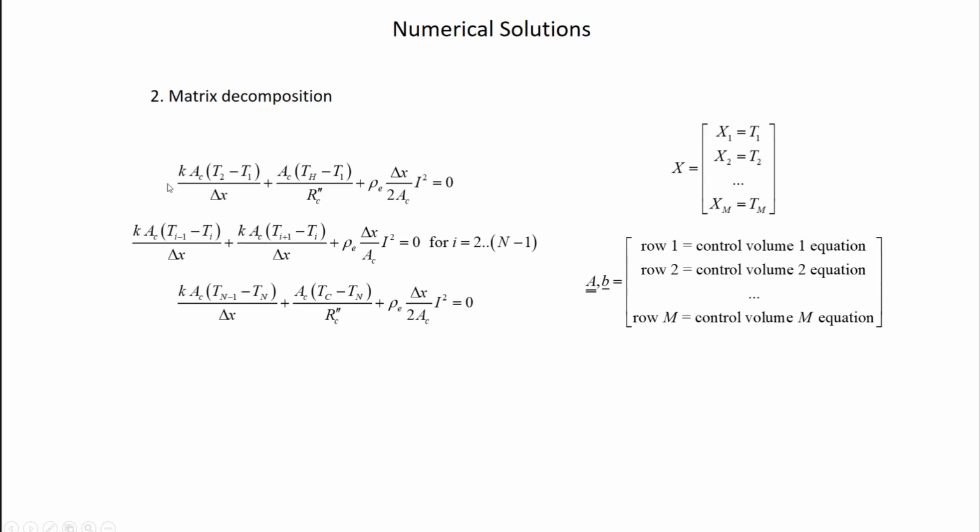Writing these equations out so that it's easy for me to identify what are the coefficients multiplying each of these unknowns, and then what is the constant that needs to go in B. And once you've done that, you build A, you build B, and you can decompose A and get your solution for X, right? Any software is going to have built-in pre-canned routines that make that very easy, right? People have been thinking about that for a very long time, so they're very good at that, especially for sparse equations like this.